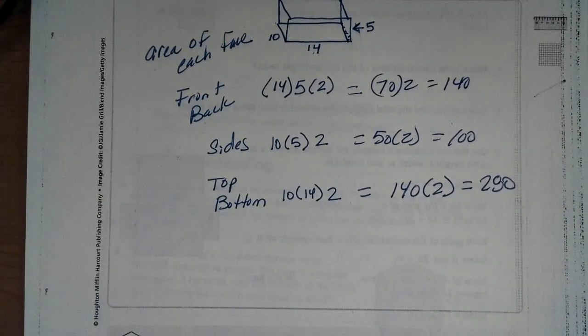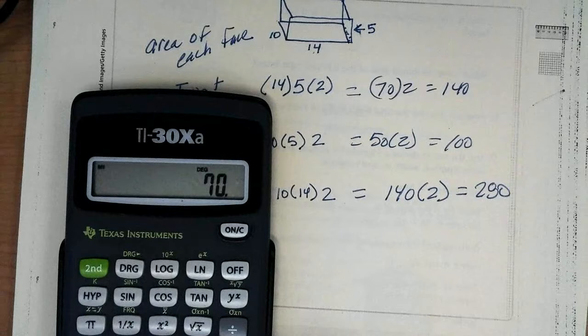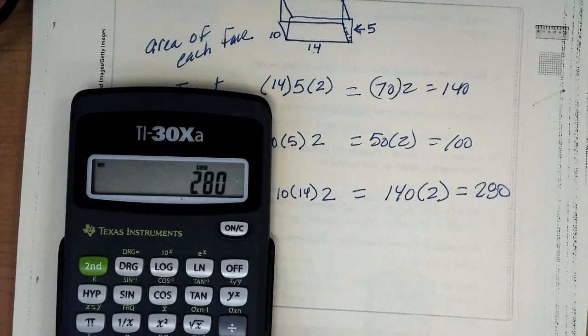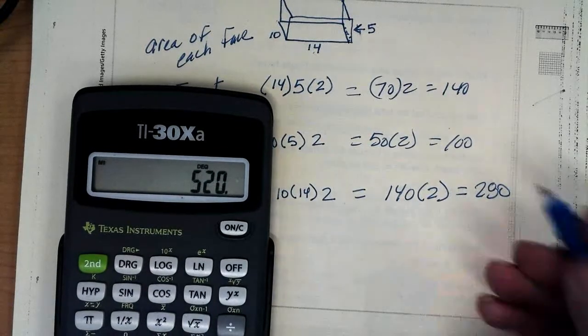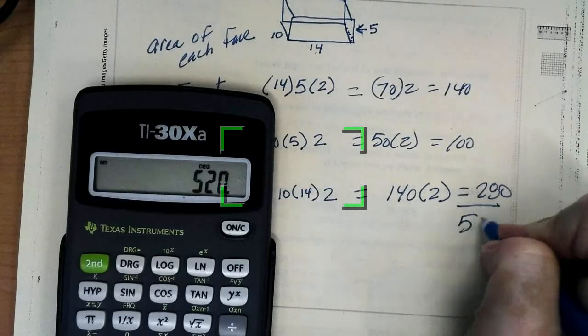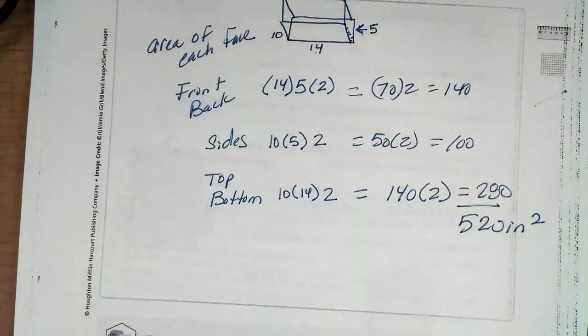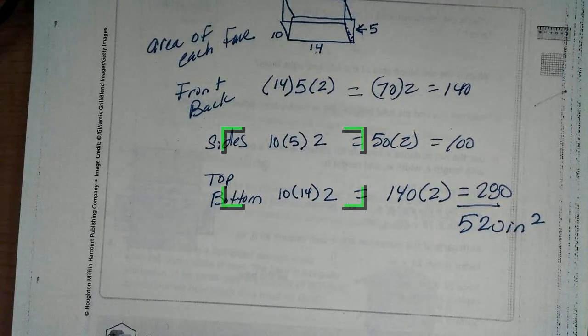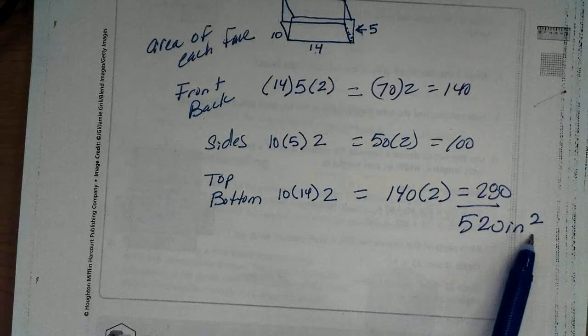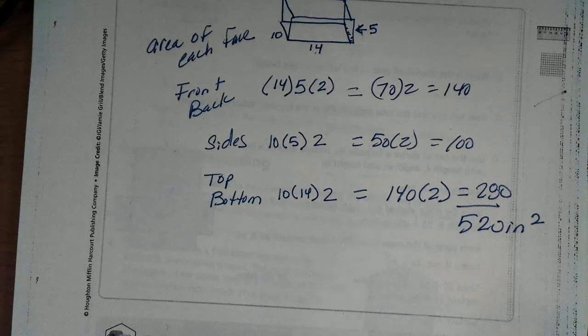So we add them together. 280 plus 240 gives me 520 inches squared. So when we find surface area, because we're still finding area, my unit is still squared. The only time it will be cubed is if we're doing volume.